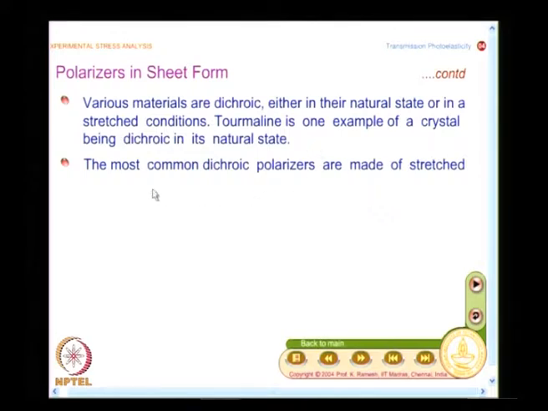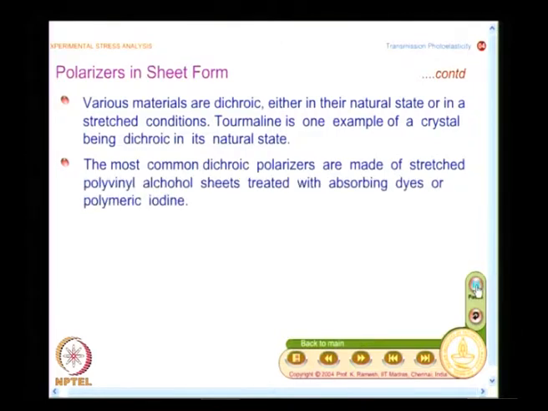So, the other possibility is, the most common dichroic polarizers are made of stretched polyvinyl alcohol. In general, they are stretched polyvinyl alcohol sheets treated with absorbing dyes or polymeric iodine.